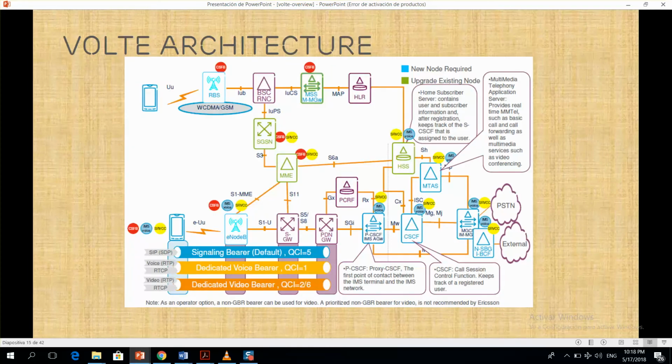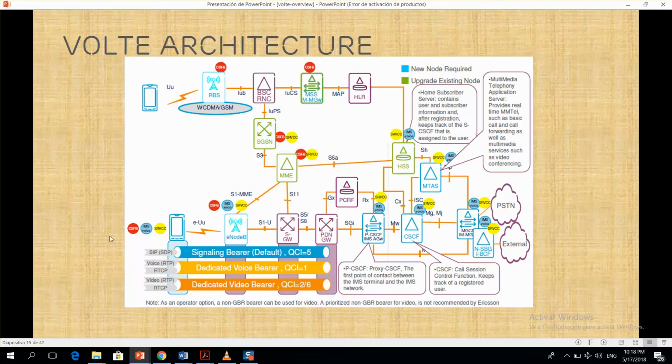This is a typical architecture of VoLTE with the IMS involved. You have your CSCF, your multimedia telephony application server, that's the MTAS, your HSS, your PCSCF, your SBG, your HLR, your PCRF, your packet gateway, that's the PDN gateway, your serving gateway, your eNodeB, and your phone.